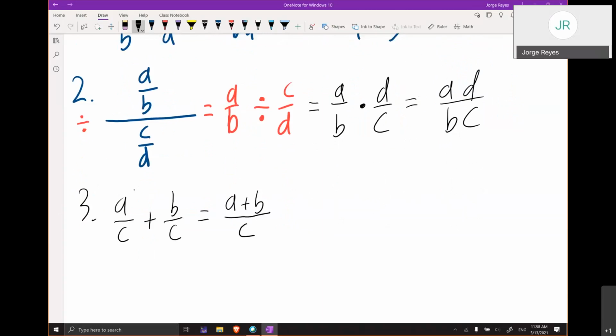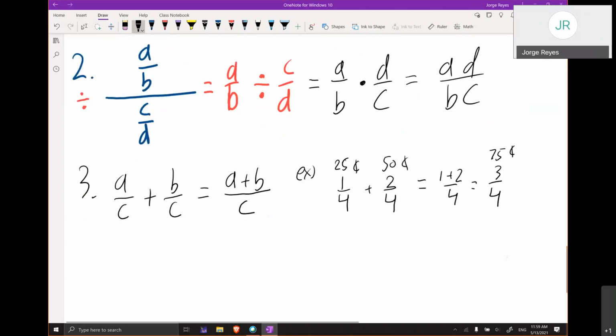Here's an example with money. Let's pretend I have 25 cents, also known as 1/4, and I add it to 50 cents, also known as 2/4. When I add them together, I get 3/4, also known as 75 cents.